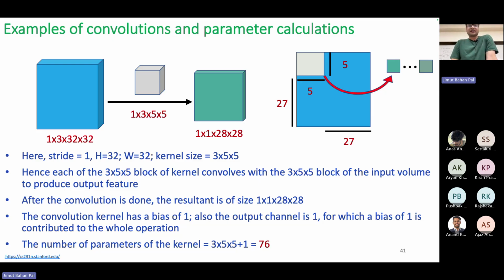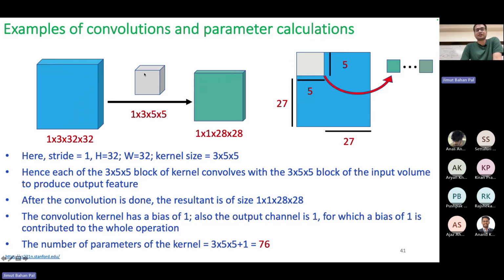So let's take another example where the input is 1 cross 3 cross 32 cross 32, and a kernel of size 1 cross 3 cross 5 cross 5 is applied. When this is convolved with the input, the output will be 1 cross 28 cross 28. How this happens: this is a 3D input since it has 3 channels, a 3-dimensional volume, and here I am showing it in 2D.